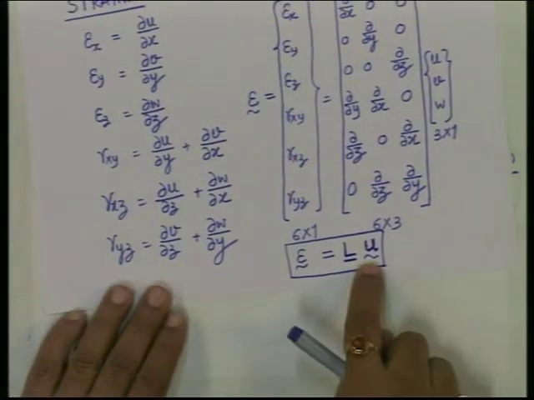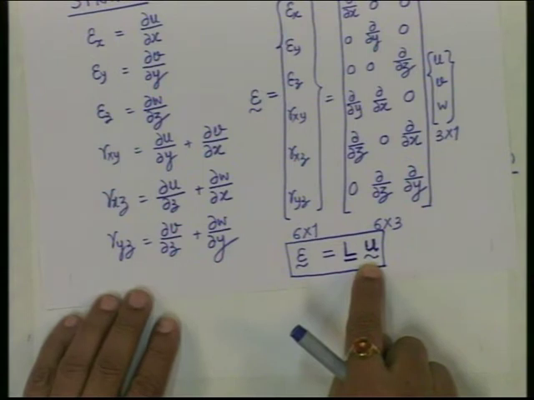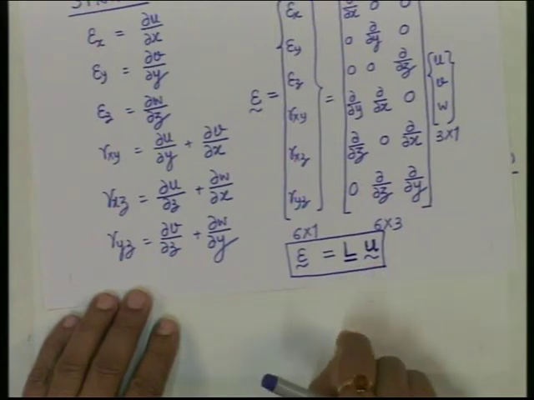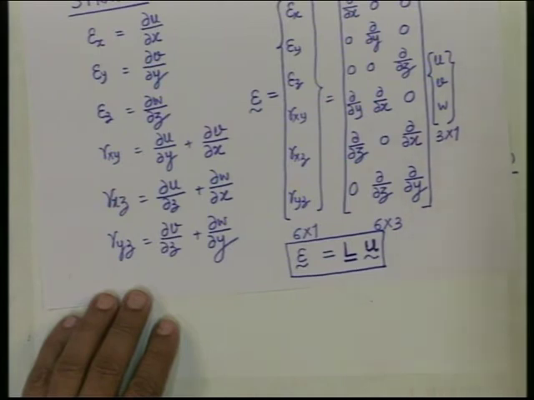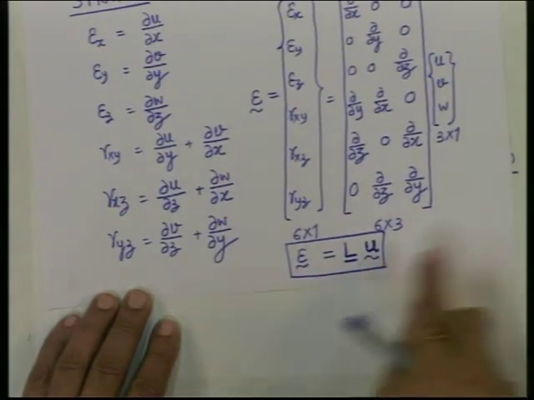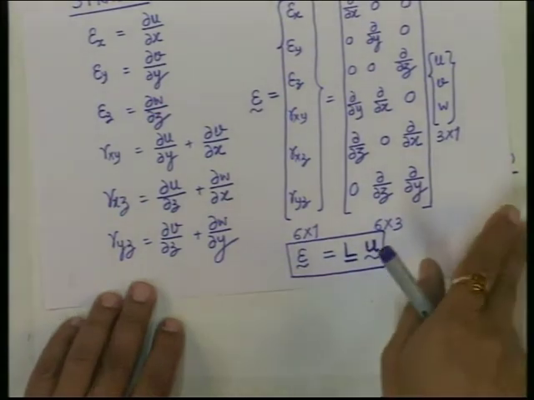This is the continuum displacement UVW of any point P, but I do not want any point P. I want all my formulation in terms of discrete values. So now it is all standard.